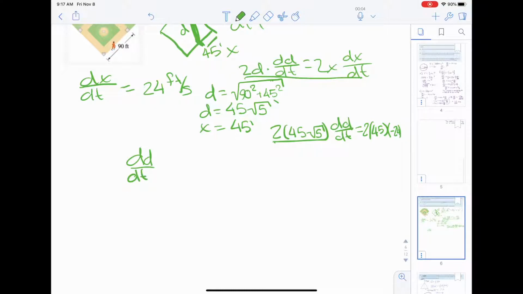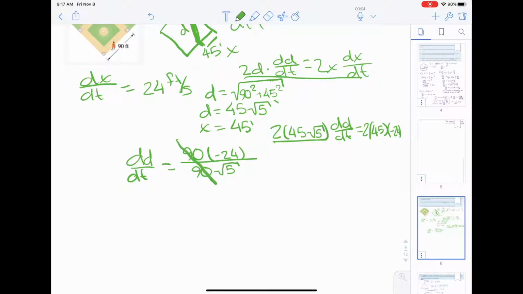So we have dD over dt is equal to 90 times negative 24 over 90 square roots of 5.